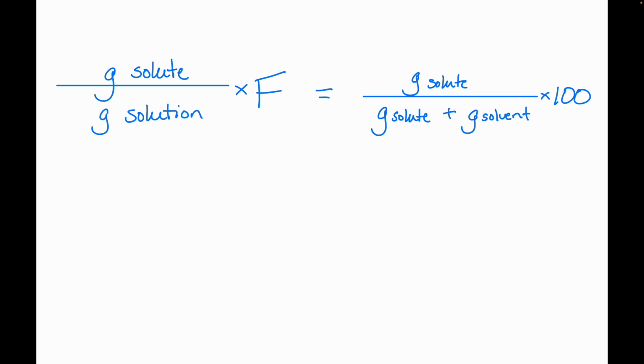Right? Our solution has these two components, the solute and the solvent, and because we're talking about the mass of our solution, we can find that mass by just adding the mass of those two components. Okay, we couldn't do the same thing if our units were in volume here. All right, cool.